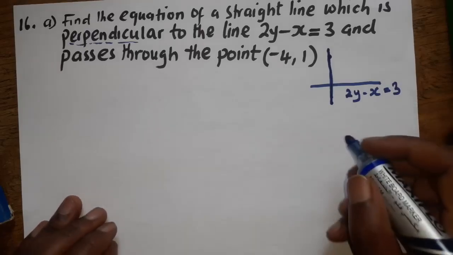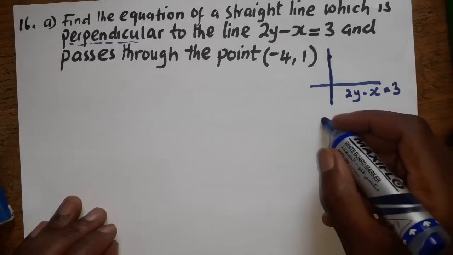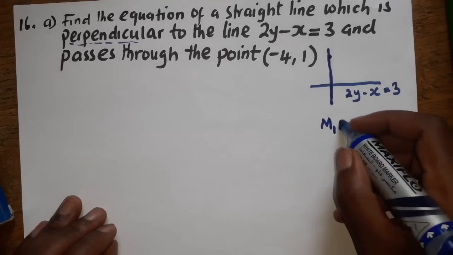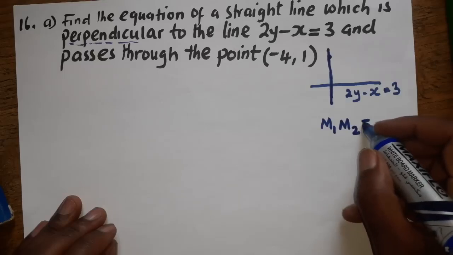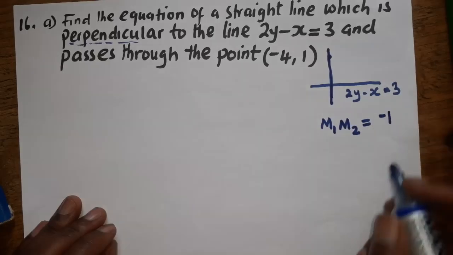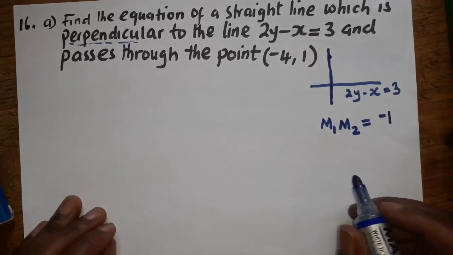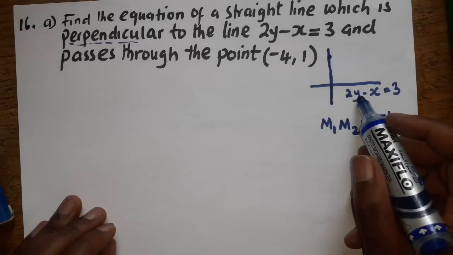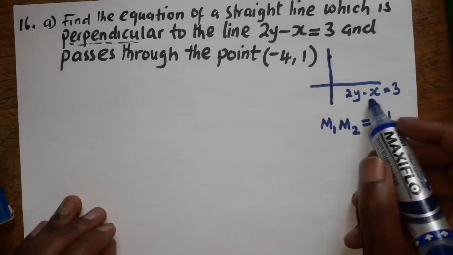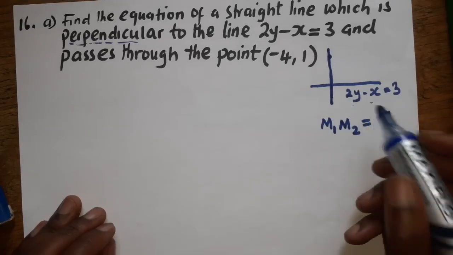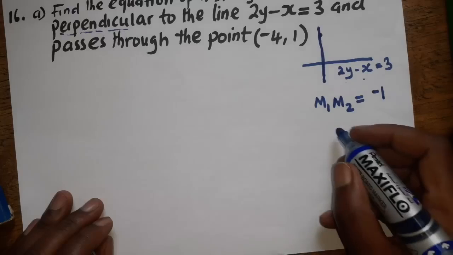You need to know that when two lines are perpendicular to each other, gradient 1 multiplied by gradient 2, the product is negative 1. So the first thing we are supposed to do is to find the gradient of this line. How do we find it?